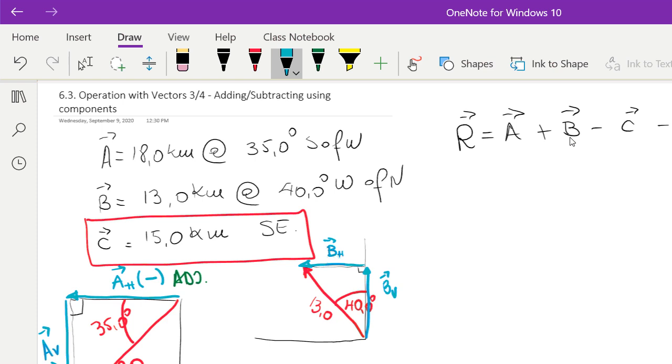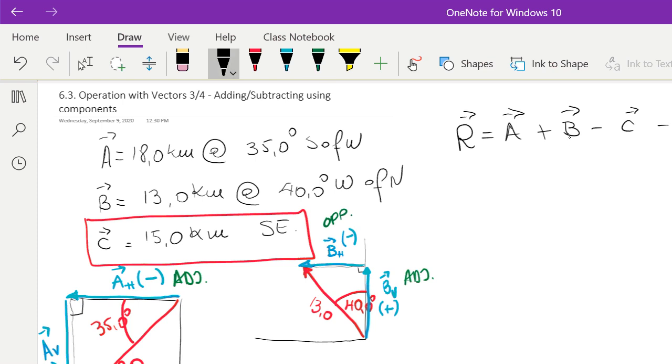The vertical component, since it is going north, is positive, and the horizontal component, since it is going west, is negative. And on the other hand, the vertical is the adjacent, and the horizontal is the opposite in relation to the angle.